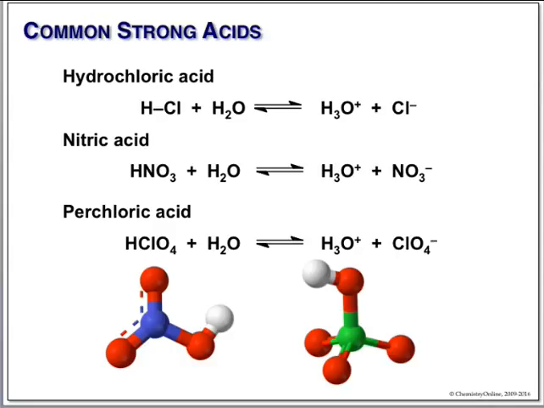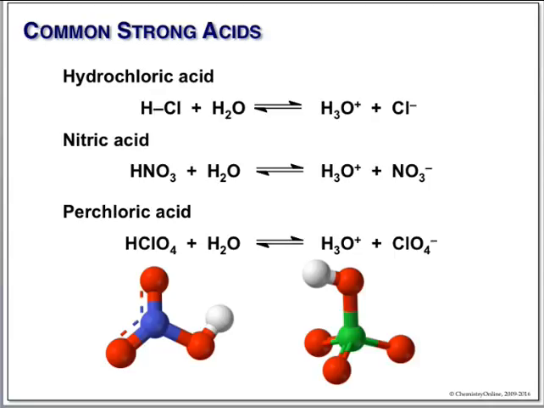If this is nitrate, remember nitrate? NO3 minus. For nitric acid, all we do is take one hydrogen and we put it on an oxygen. That is nitric acid. Very, very strong, very powerful acid. Causes big bad burns, all of that stuff. Nitric acid plus water, nitrate, and hydronium.